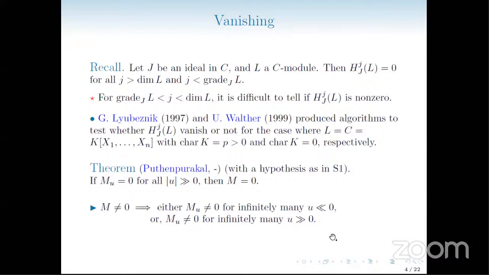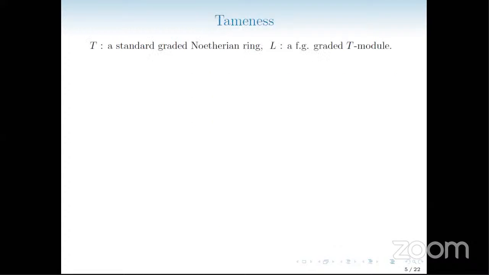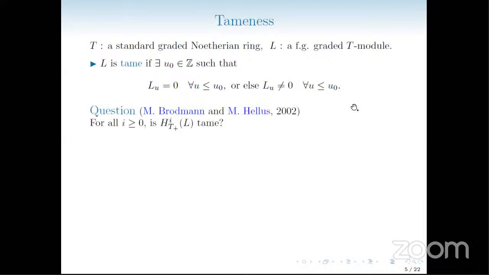Now we move to the tameness property. Let T be a standard graded Noetherian ring and L be a finitely generated T-module. Then we say the module L is tame if there exists some integer u0 such that its uth graded component vanishes for all u less than or equal to u0, or else it does not vanish for all u less than or equal to u0.